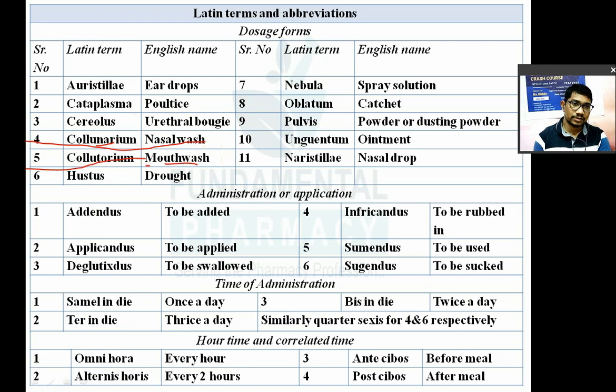Then hustus. What do you mean by hustus? इसके ऊपर भी एक और क्वेश्चन आ चुका है. Hustus means a draught. Draught क्या होता है? It is nothing but a solution containing a drug, and that has to be taken once only.